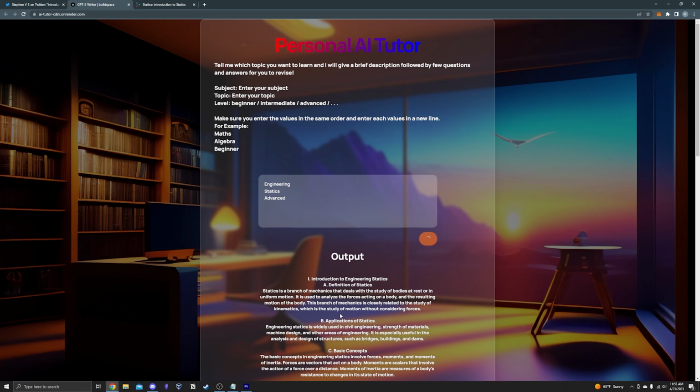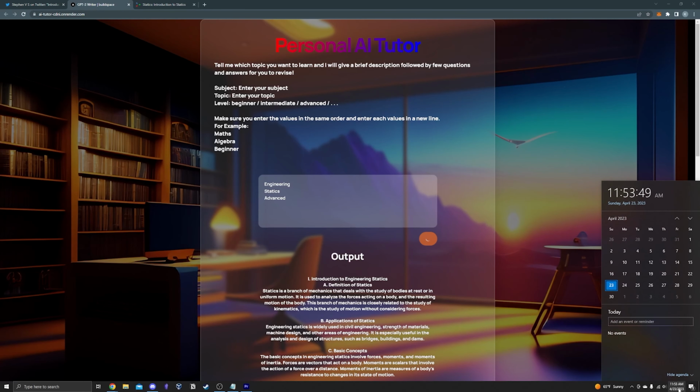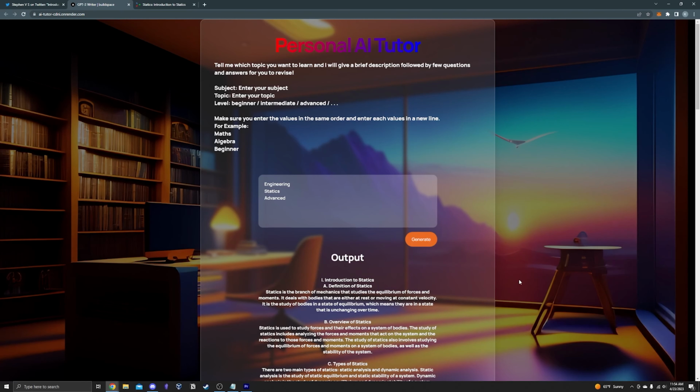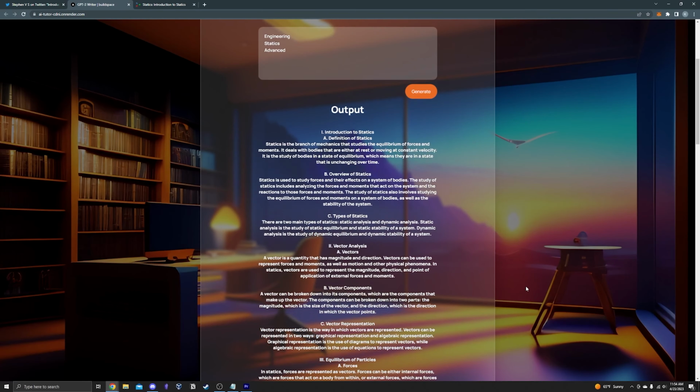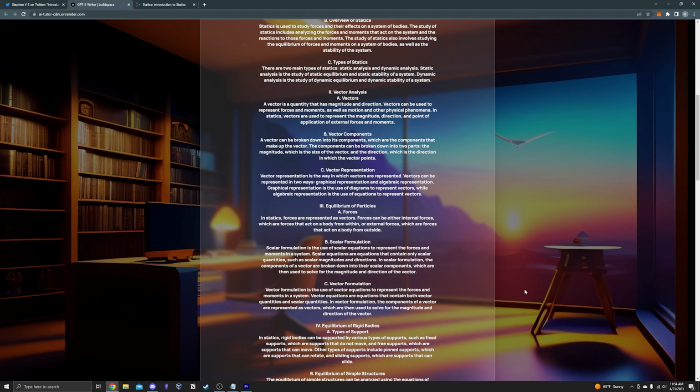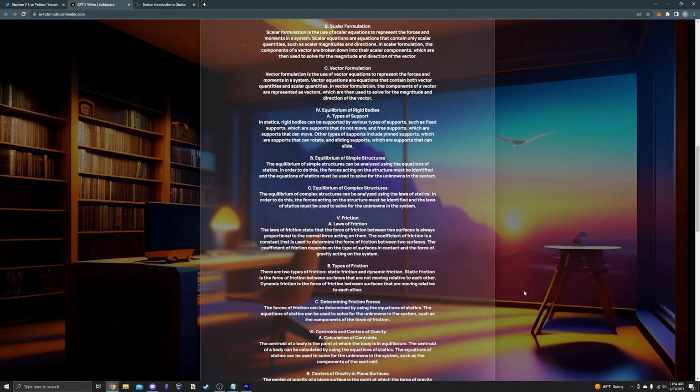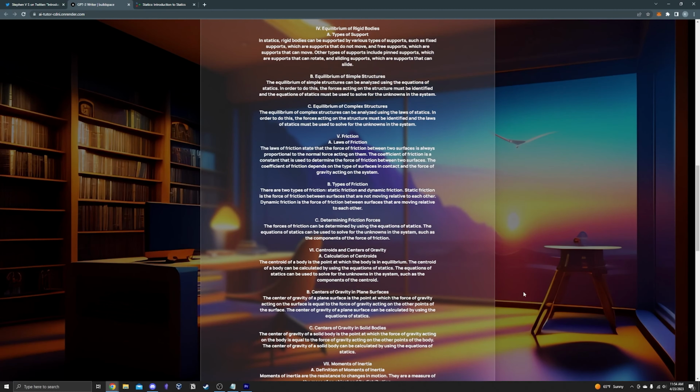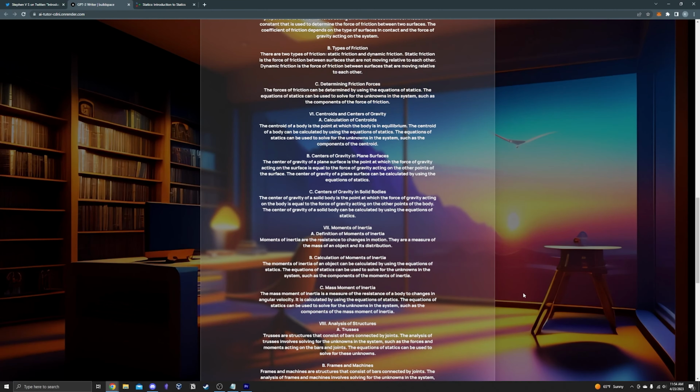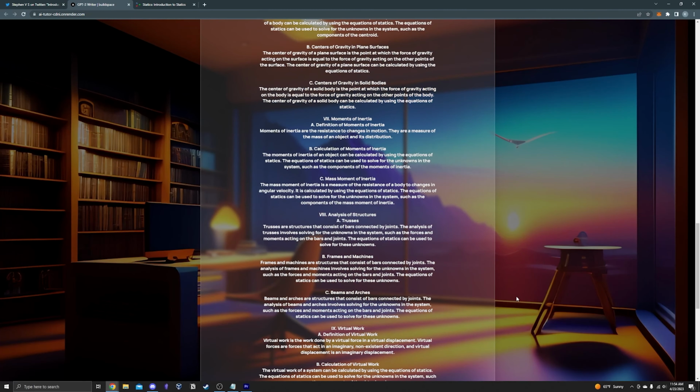I'm very curious to see what it says for advanced. Alright. Output. Introduction to statics, vectors, rigid bodies, centroids, centers of gravities, moments of inertia.